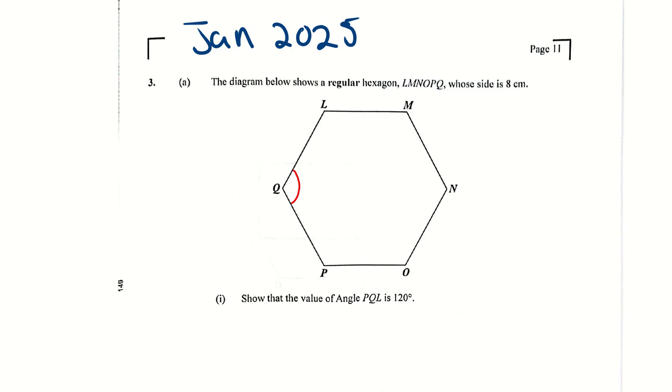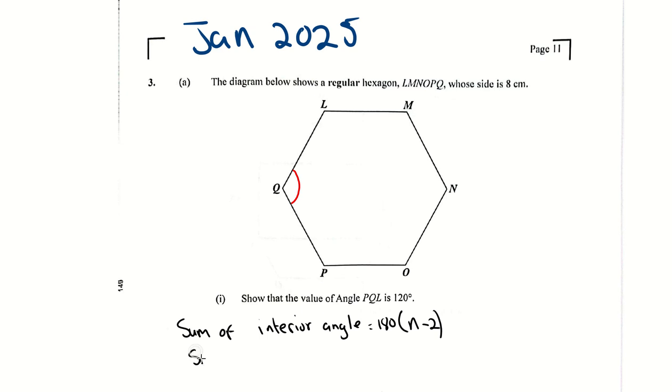Now, first things first, you need to know that the sum of interior angles is equal to 180 by n minus 2, n being the number of sides. It's a hexagon, so it's a 6-sided shape.